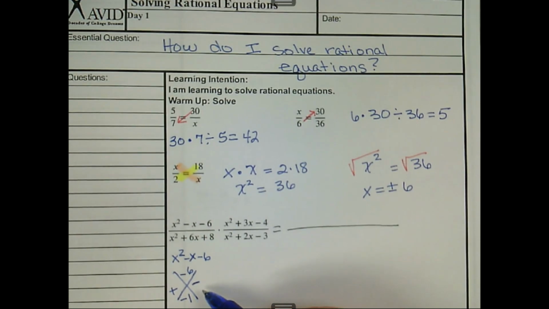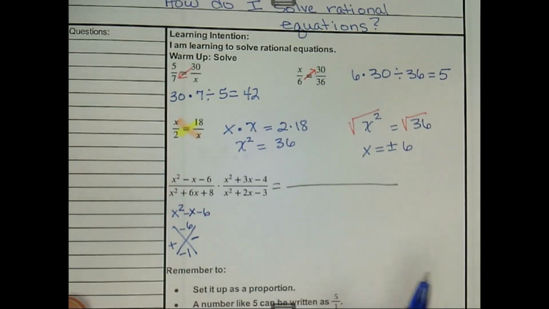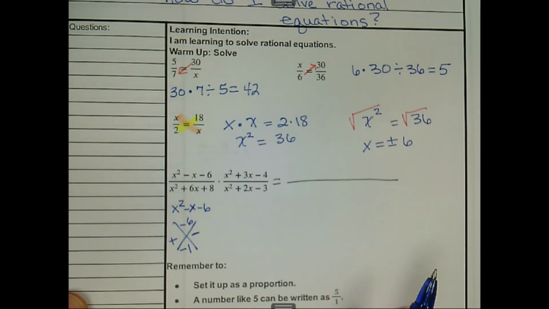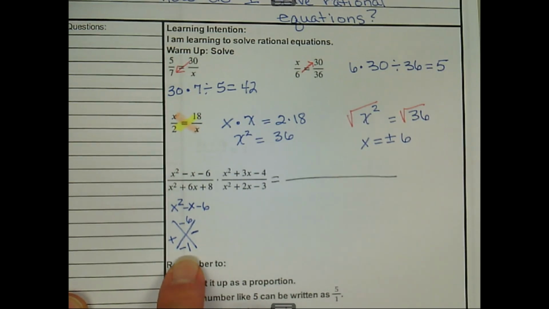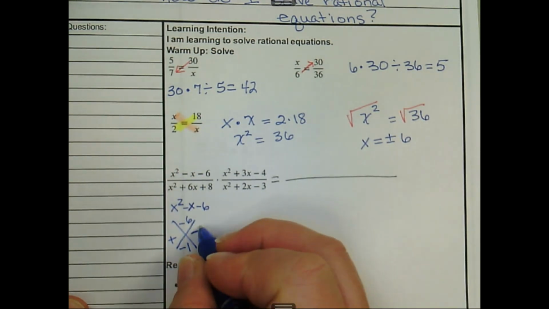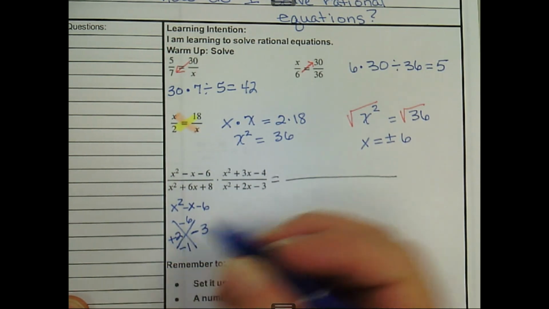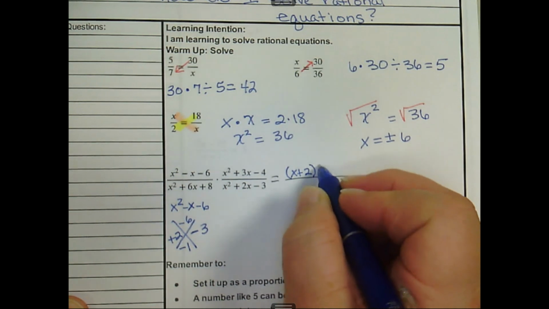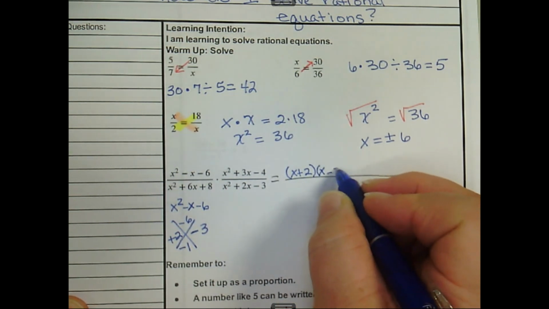So what are my factors of 6 that differ by 1? 1 times 6 is 6, but 6 minus 1 is not 1. 2 times 3 is 6. 3 minus 2 is 1. This number is negative, so the 3, the bigger number, has to be negative. So it is x plus 2 times x minus 3.